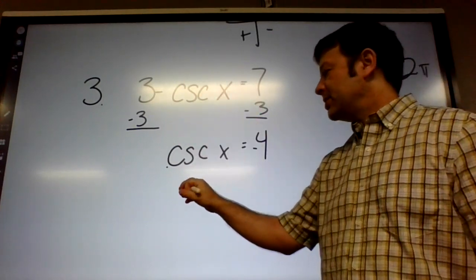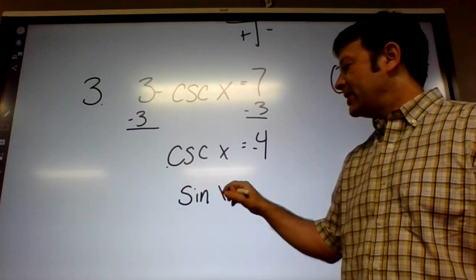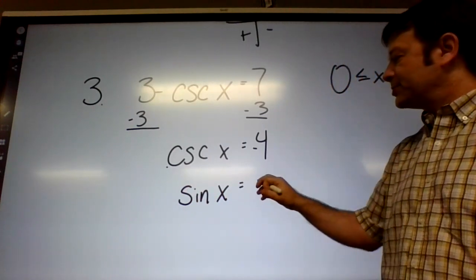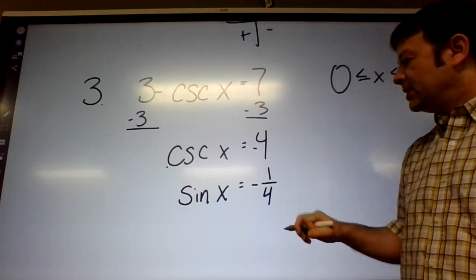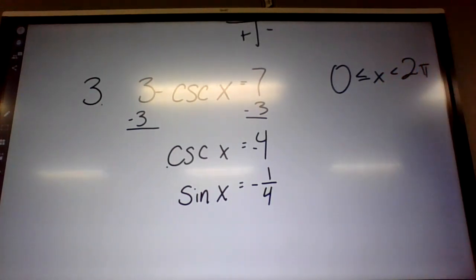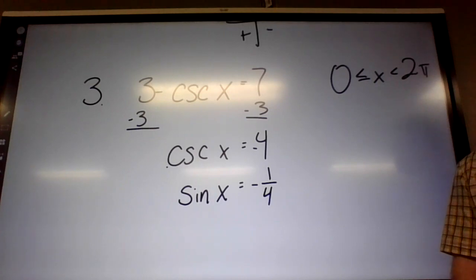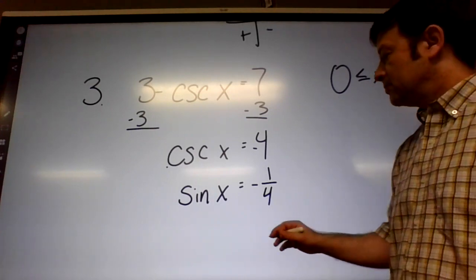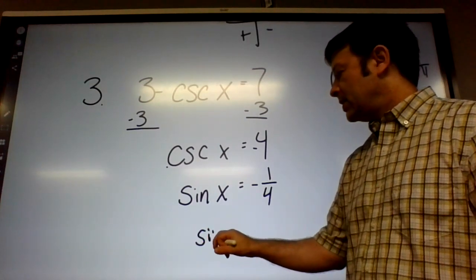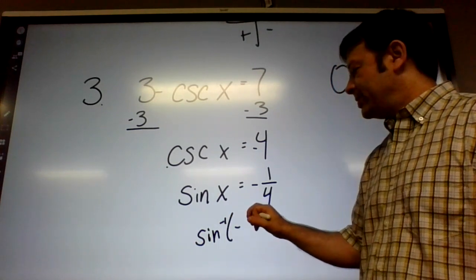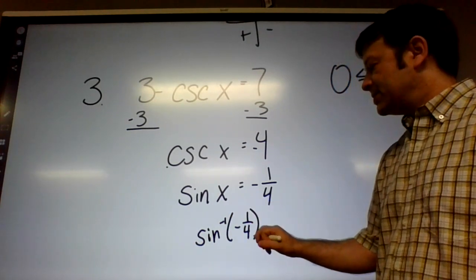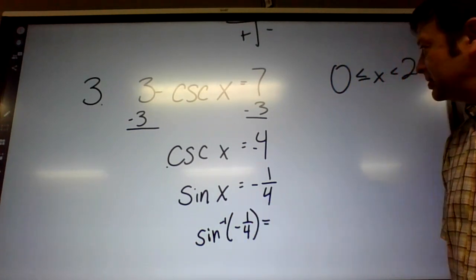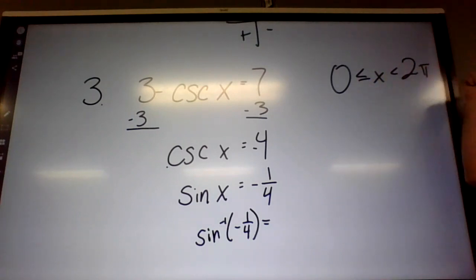Sine. So if you make that sine, then you have to flip this one as well. So it's negative sine of x equals -1. And then sine inverse. Okay. This is the point where your calculator being in radians is necessary, because the directions said they want the answer in radians.